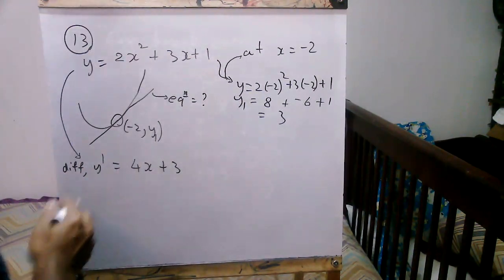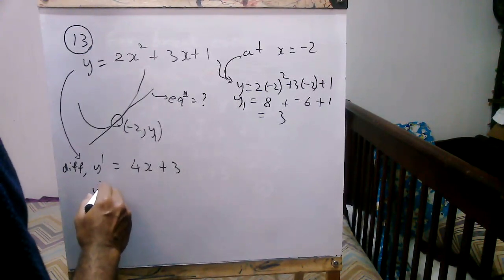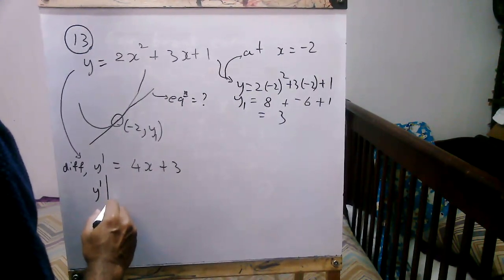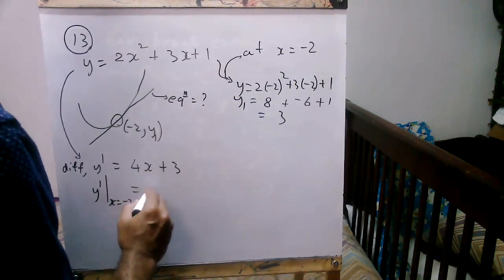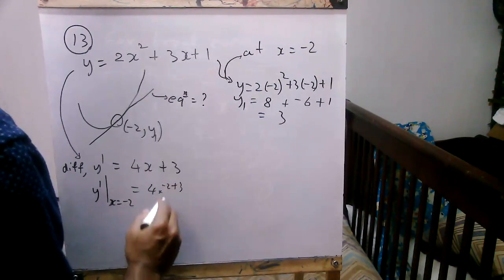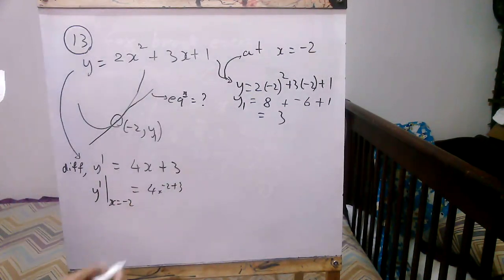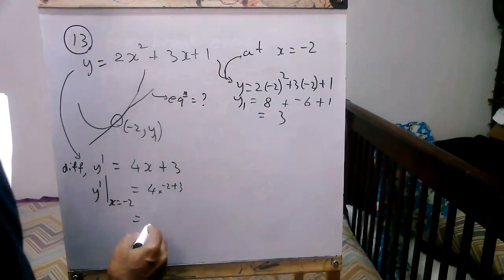Right? y dash at x equal to negative 2 is equal to 4 times negative 2 plus 3. This is 4 times negative 2 is negative 8 plus 3 is negative 5.